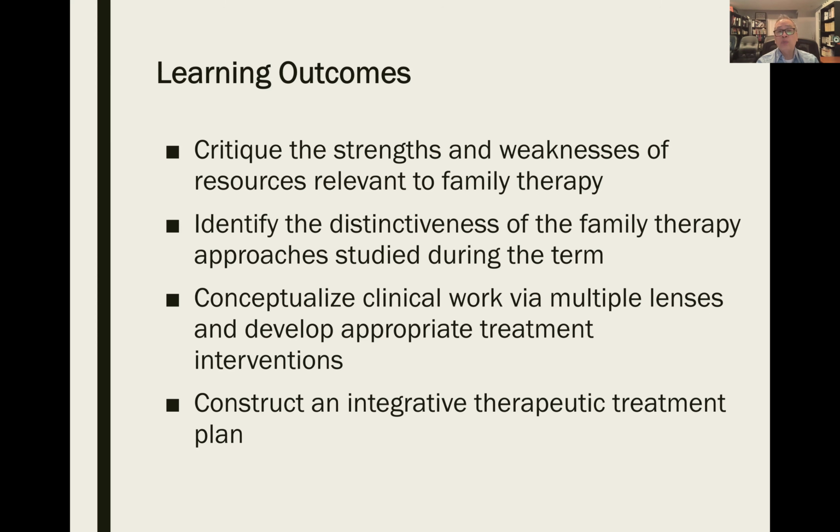So at that point, you should be able to construct and help them develop an appropriate treatment plan and appropriate treatment interventions. So learning outcomes three and four go together. You should be able to conceptualize the case, noticing what's creating the problem, and then offering a treatment plan to help your client. CLPO will require you to do that.